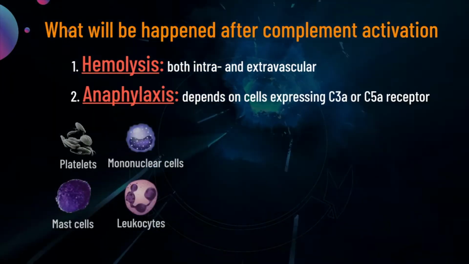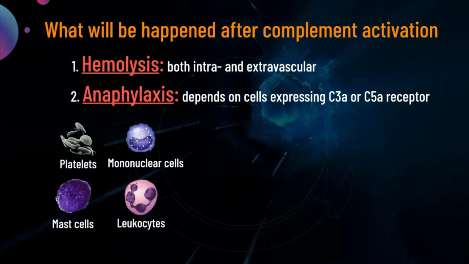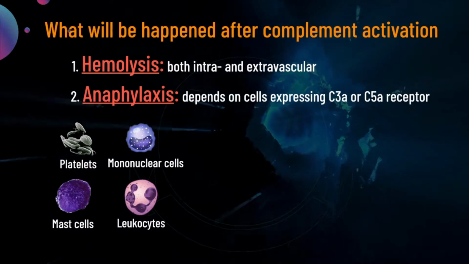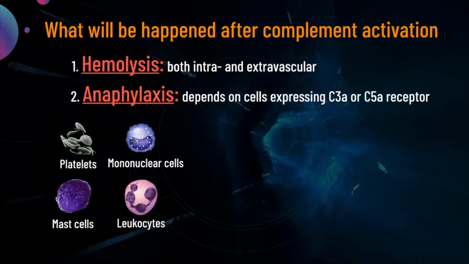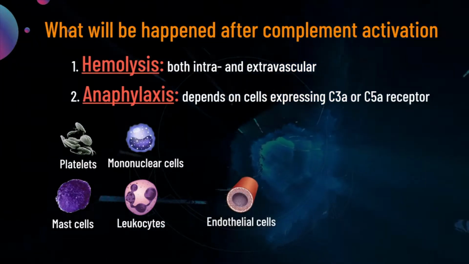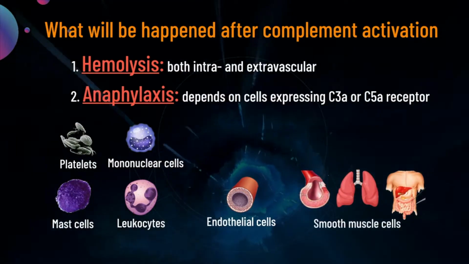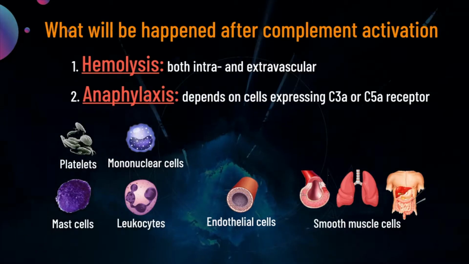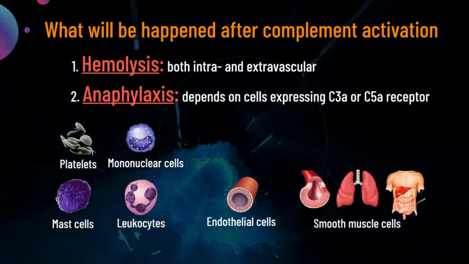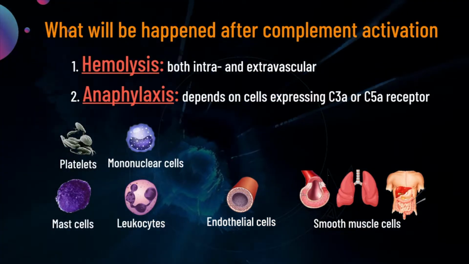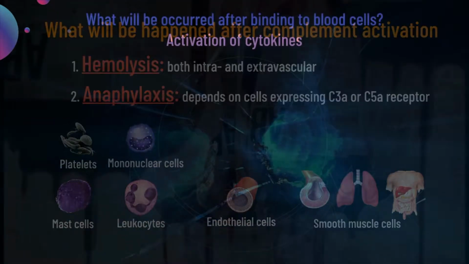They are first, blood cells, including platelets, mononuclear cells, mast cells, and leukocytes. Second, endothelial cells. And lastly, smooth muscle cells that support the blood circulatory system, respiratory system, and GI tract.